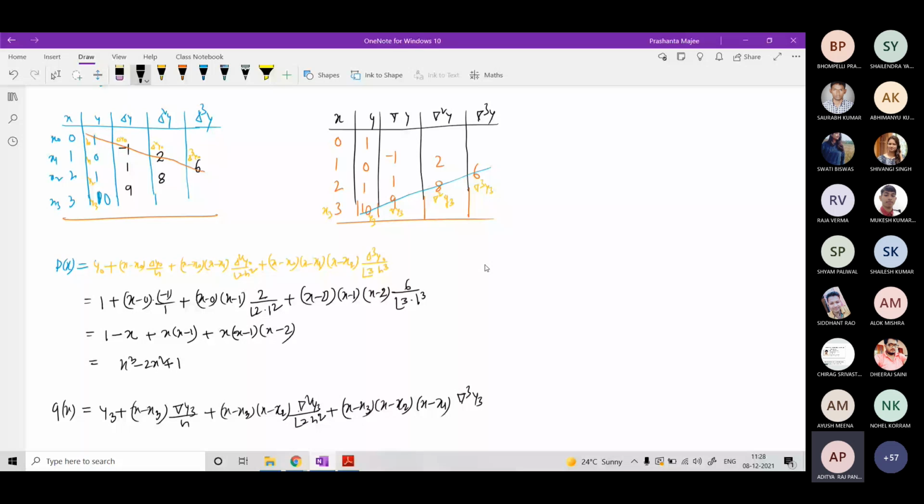Now you substitute the values, you know everything here. So what is y3?